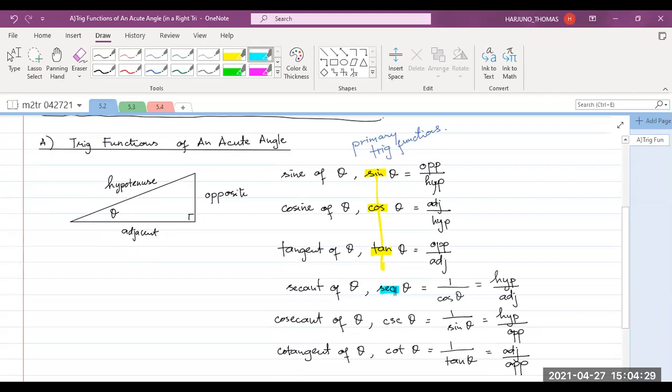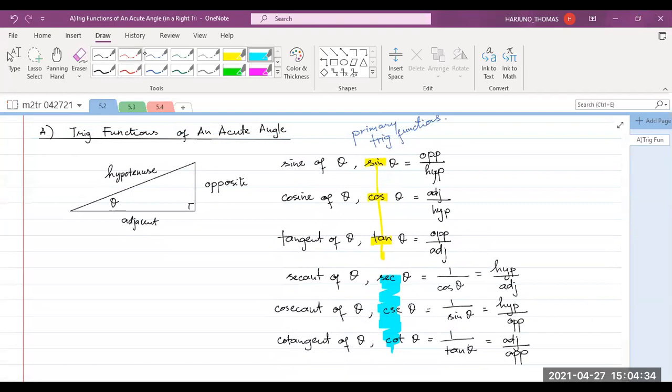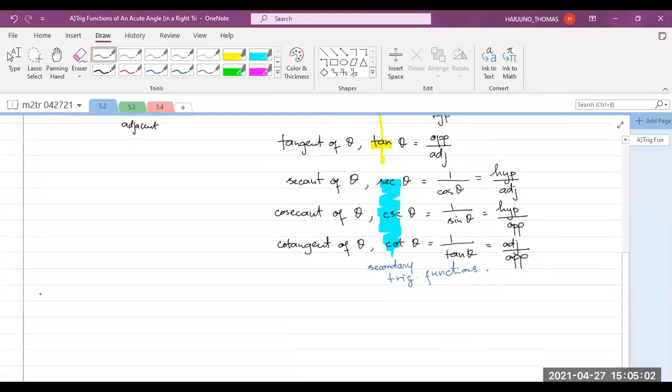Now the last three trig functions here are called secondary trig functions. Okay, they are important, but not as important as the primary ones. Now, based on this definition, then we can do problems right away from our textbook.